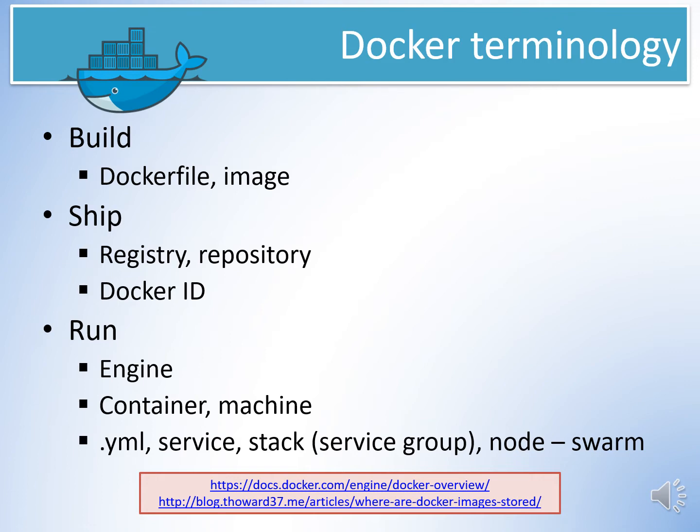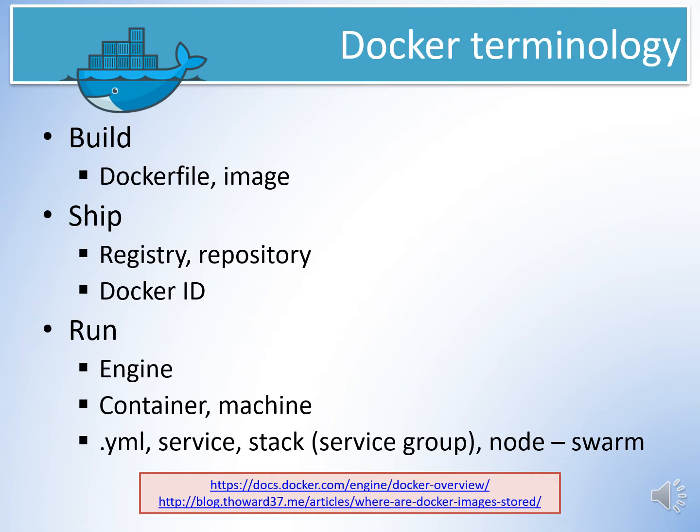In the ship phase, you will need registry, repository, Docker ID. The most popular registry that you will use tends to be Docker Hub. And to push your Docker images into Docker Hub, you need a Docker ID. You can get a Docker ID by registering a free account with Docker Hub.